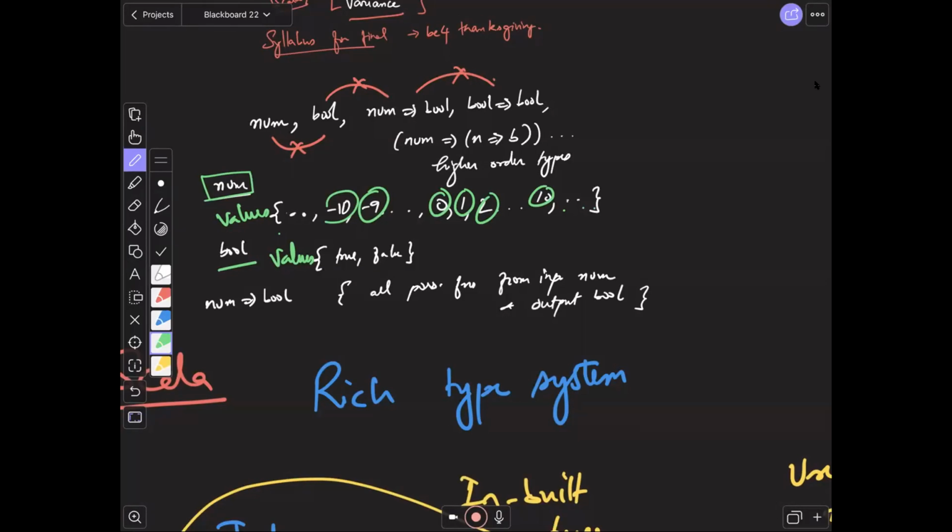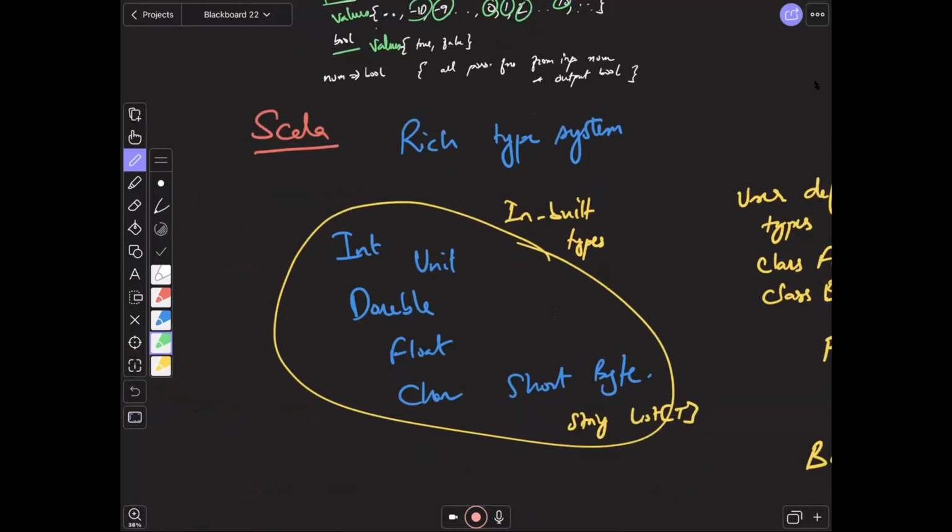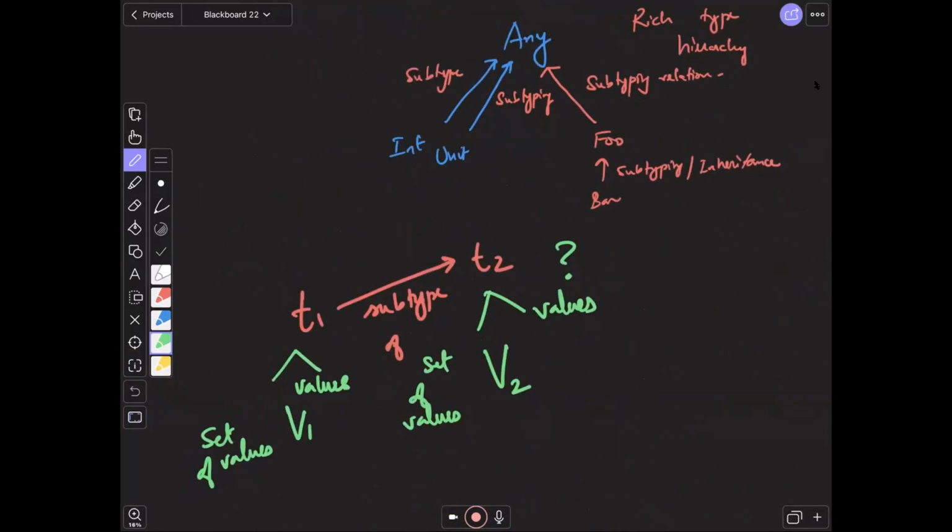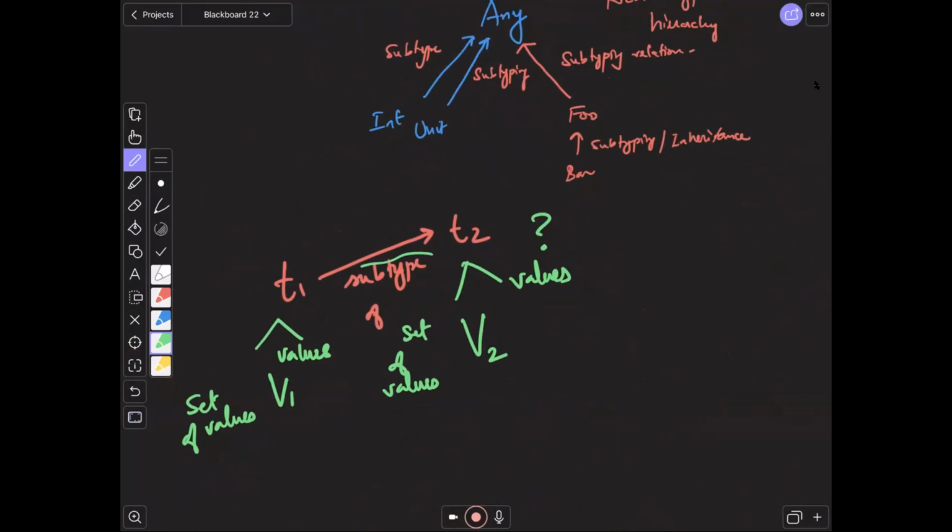Now I'm interested in relationships between types, in a particular relationship called a subtyping relationship. What I mean by it is that the set of all values V1 that you think about for type T1 must be a subset of the set of all values V2 of type T2. That's something you want to expect.